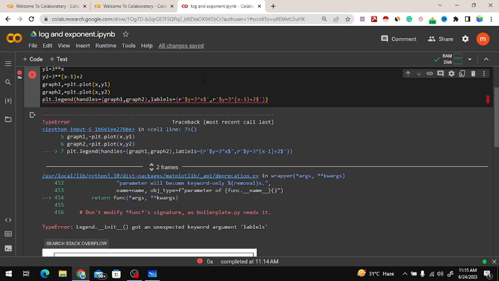So labels will be equal to r, $y, it's correct, 3x with a dollar for this one, after that a comma. Now r, $y equal to 3x minus 1 plus $2, and this one.